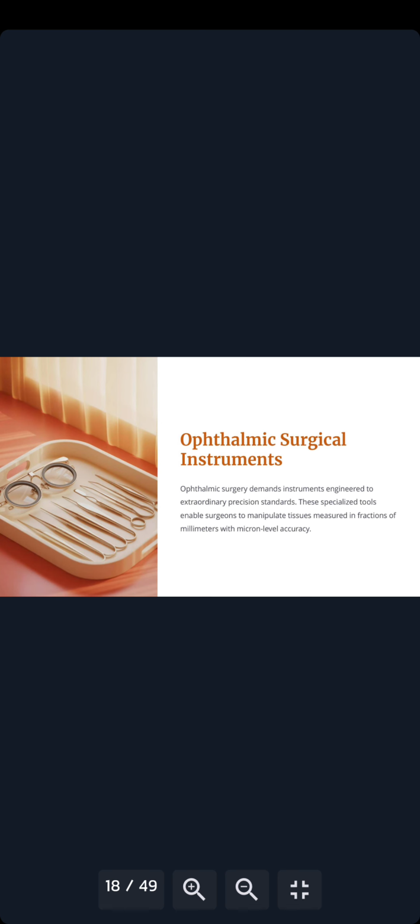Okay, we also have some surgical instruments for sure. They help to control and have a better ophthalmologic surgery. They are helping us to have extraordinary precision standards. The devices are so much better.